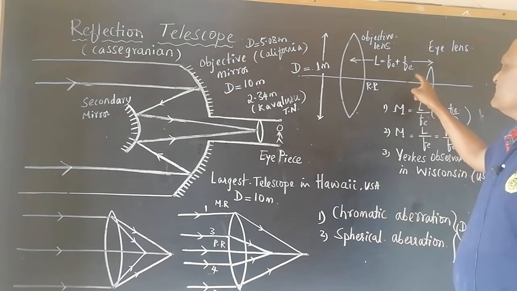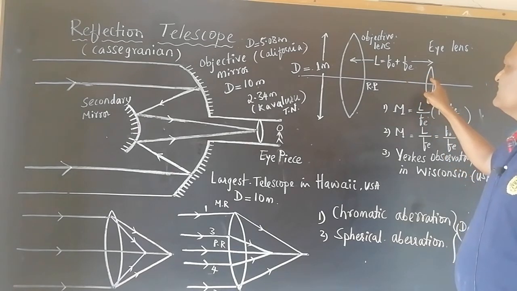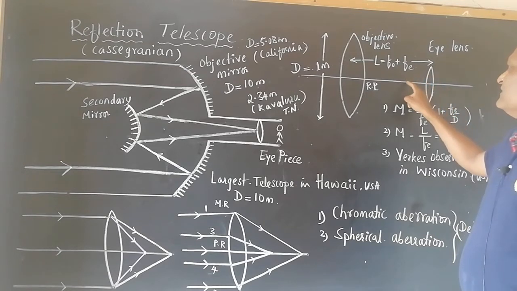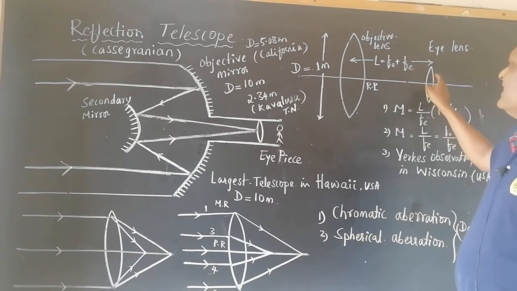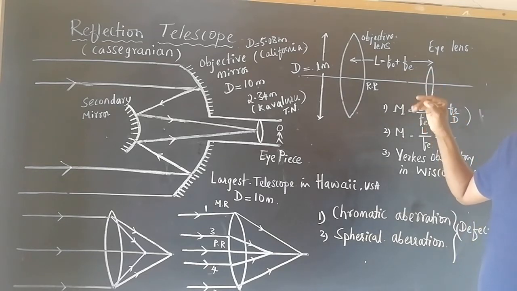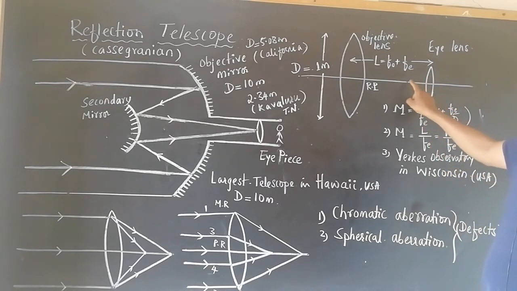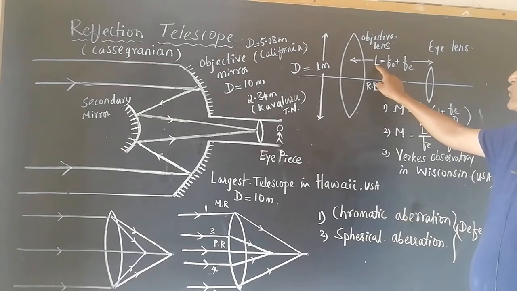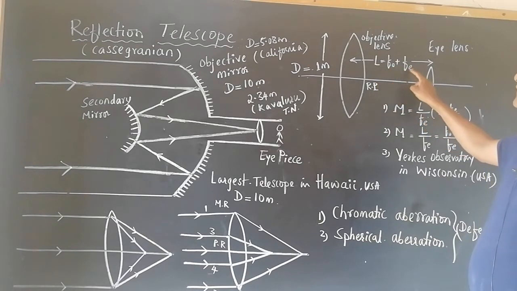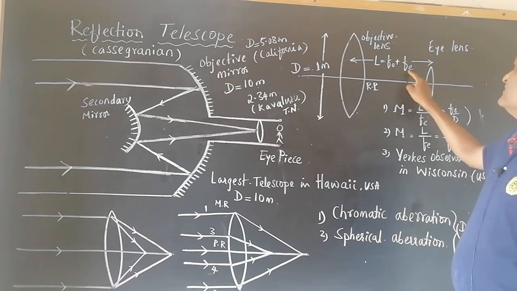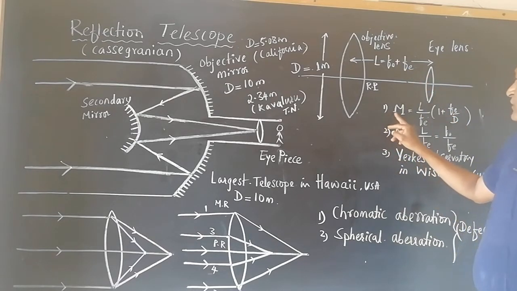That image acts as an object for the eye lens, and that image is made to fall at the principal focus of the eye lens. The final image will be at infinity. Hence, the length of the telescope is the sum total of the focal length of the objective and the focal length of the eye lens.